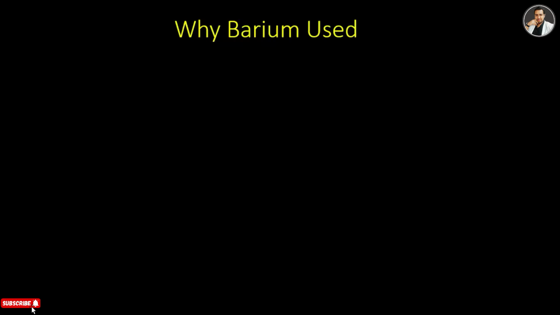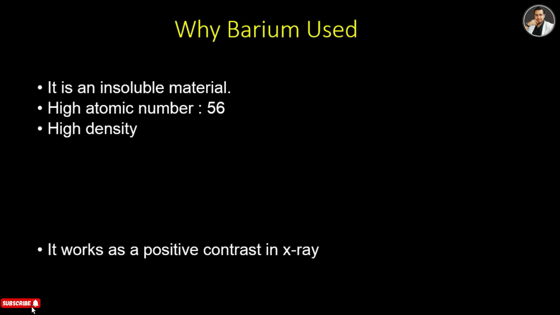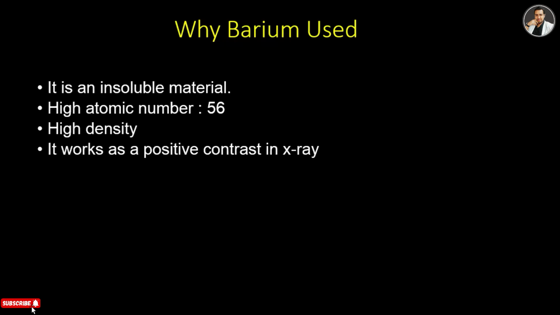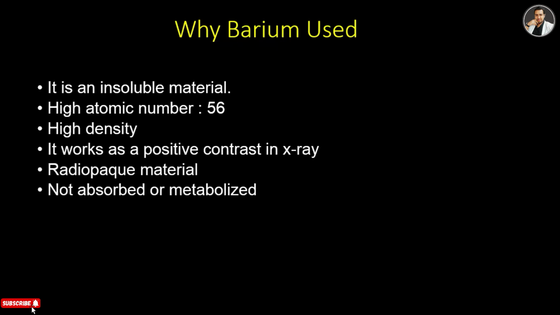And why is barium used? Because it is an insoluble material. Barium is insoluble in water and has a high atomic number of 56 and high density, and it works as a positive contrast in X-ray and of course a radio-opaque material, so that we can see it in the image as bright.